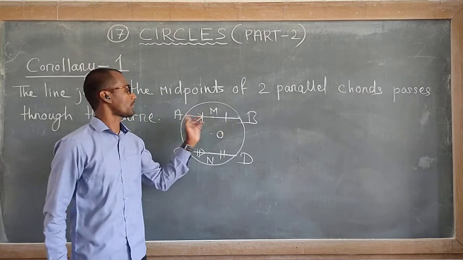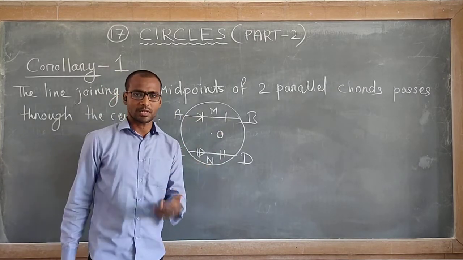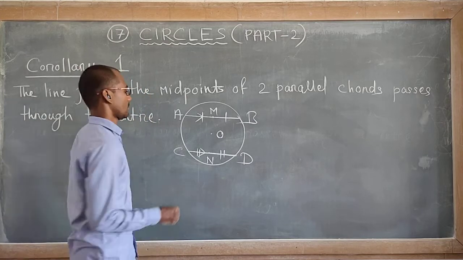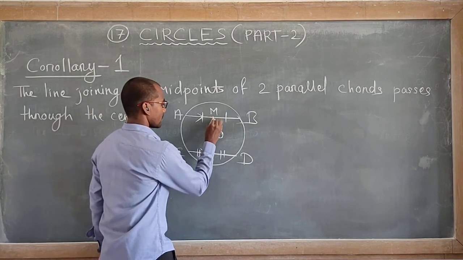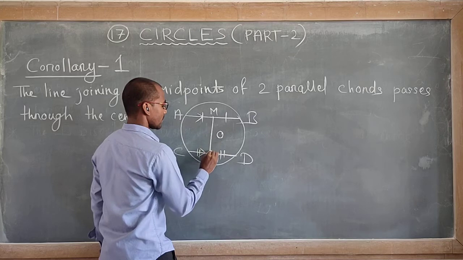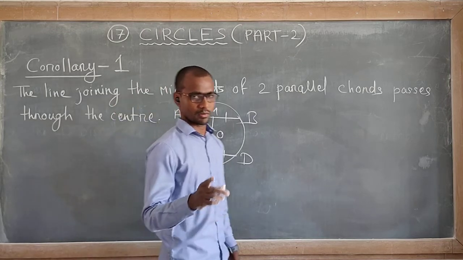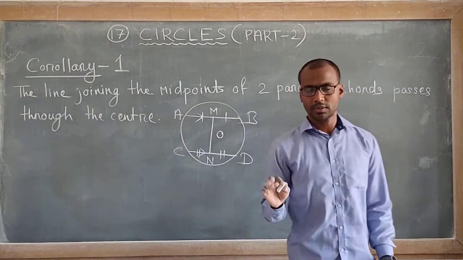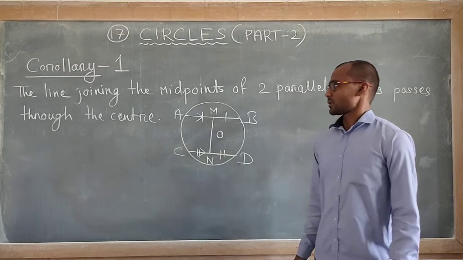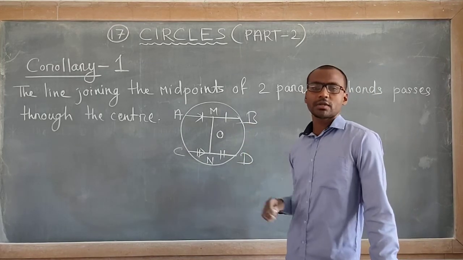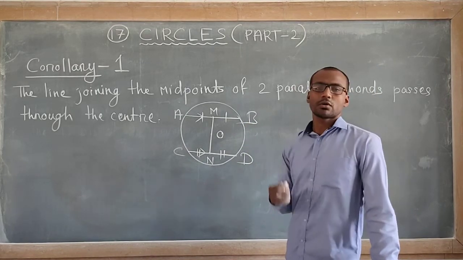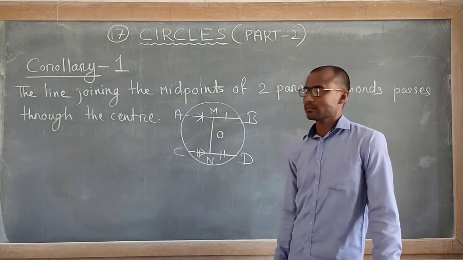If you join MN, you will see that it is passing through the center. You can check it out using compass, scale, pencil. So remember, the line joining the midpoints of two parallel chords always passes through the center.